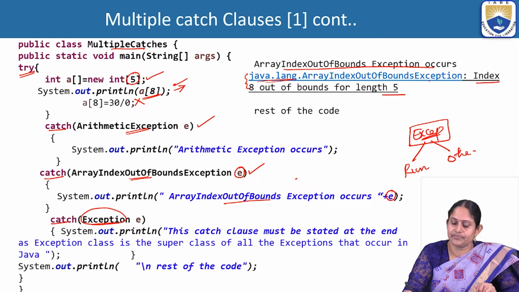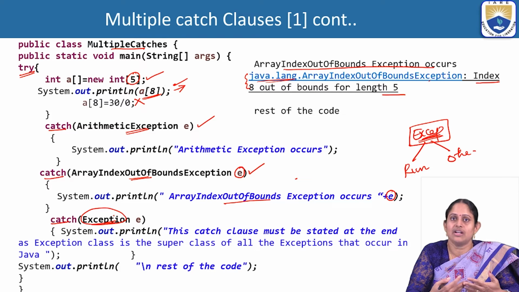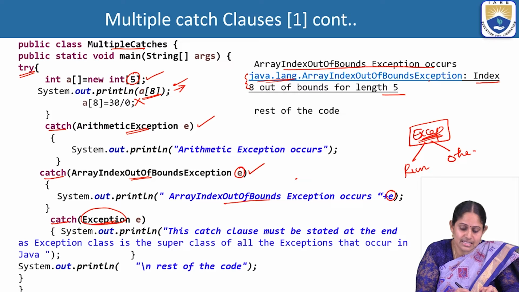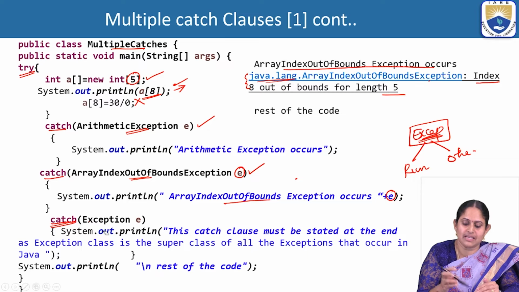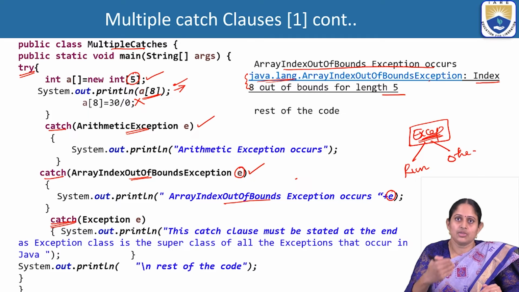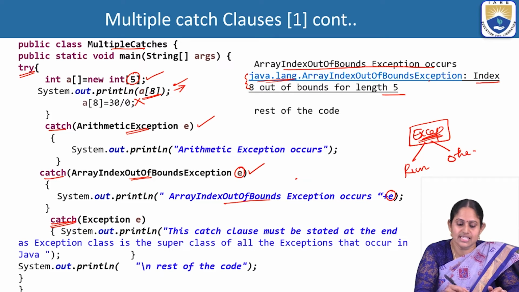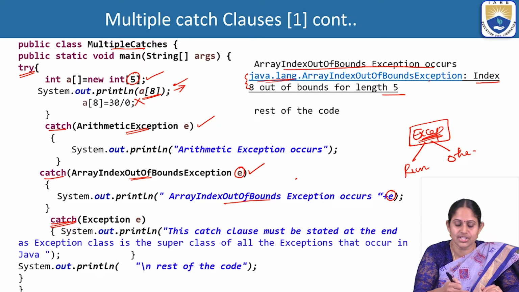Since the Exception class is the superclass of all exceptions, the catch statement dealing with the Exception class should always be kept at the end, as the last catch statement, so that if these statements throw any exception and no match is found in the earlier catch statements, the superclass will handle it.